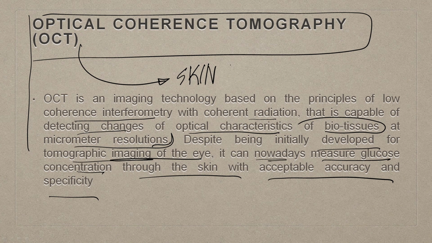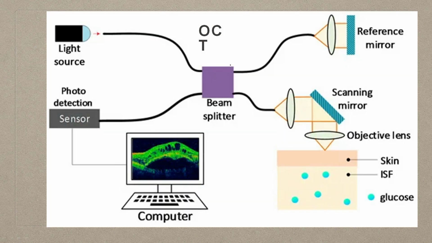So, you realize optical coherence tomography could now be used on skin, unlike optical polarimetry. So, some of these optical techniques are helping to bypass the challenges with the traditional way. This is how it works. There is a light source, okay. There is a beam splitter, it goes to the reference mirror, there is a scanning mirror on the beam splitter, and here on the skin surface.